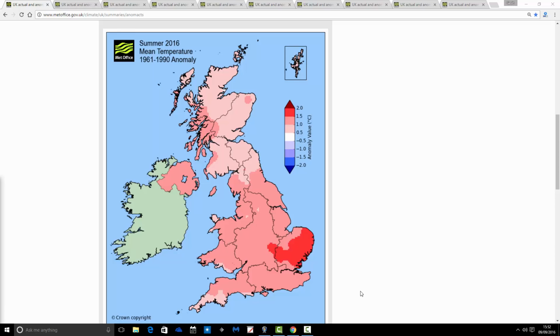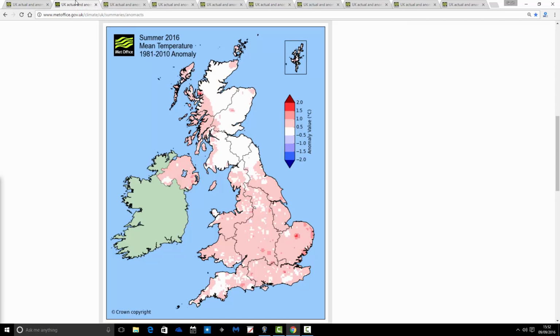And in the far southeast, there was a little area through the East Midlands in towards East Anglia where we actually came out around 1.5 towards 2 degrees above average. So a very warm summer down in the southeast. So there was a bit of a north-south divide there, though all places above average. The north just a little bit above average, the south actually quite significantly above average, particularly down in the southeast of the country. That's against 61 to 1990.